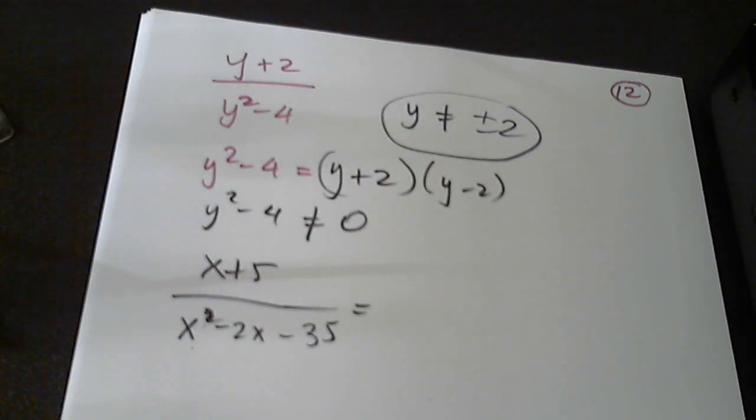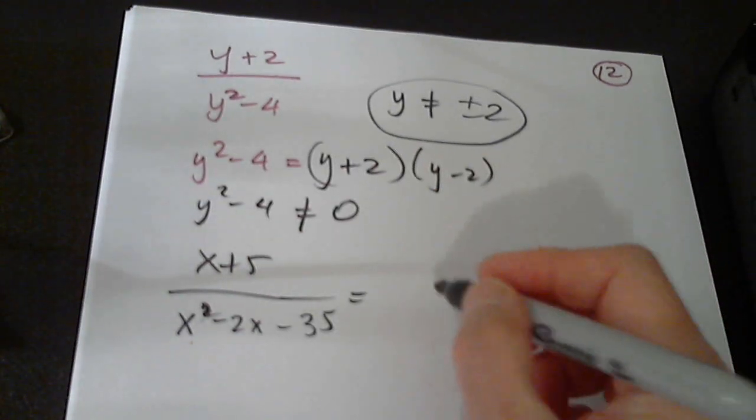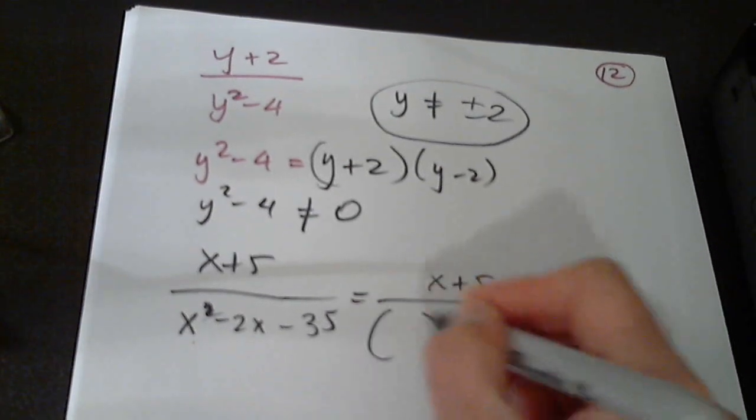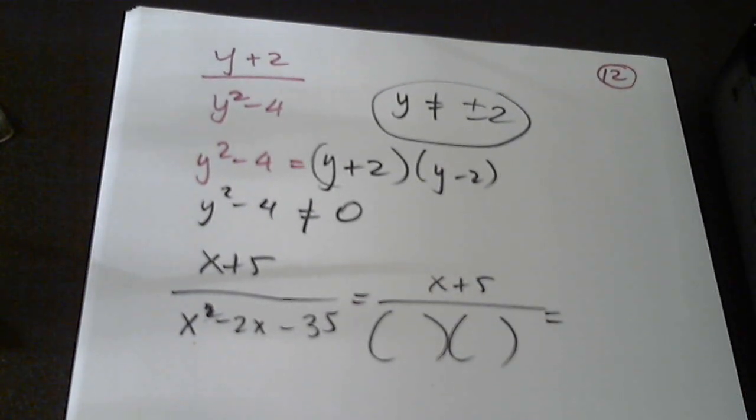Can anyone give us the factored form of the denominator? Descending order, it's a trinomial. 1 is the leading coefficient, it's not a special product. We went through all those steps. What do I write? What is the factored form of x squared minus 2x minus 35?